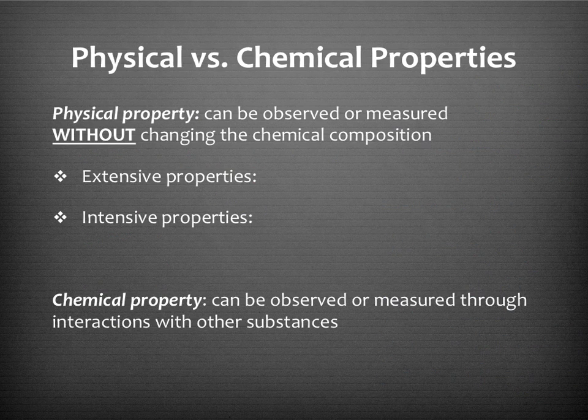All right. Now we're finally up to our last topic here, physical versus chemical properties. So physical properties, this we just covered recently, is that you can observe or measure the properties of a substance without changing the chemical composition. And there are 2 types, extensive and intensive. Extensive here depends on sample size.